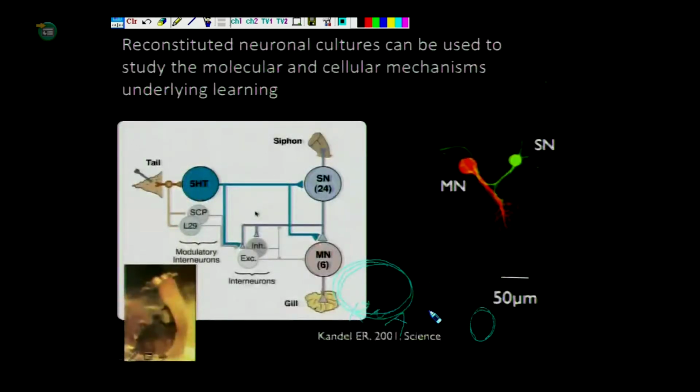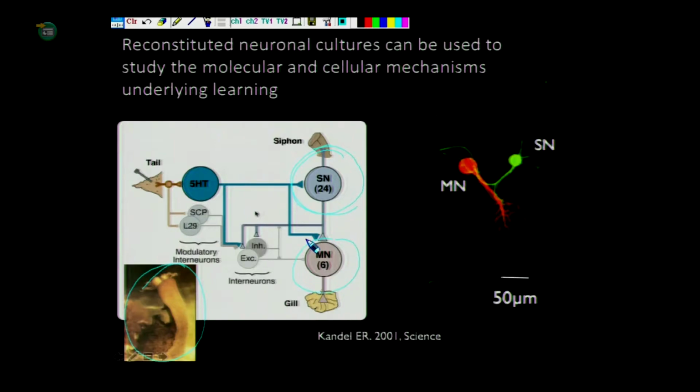Okay, so how do I prove this? How do I look at whether there is synapse-specific protein synthesis during learning? Well, I go to a very simple model system, the sea hare, Aplysia. In Aplysia, in this ganglion right here, they only have 24 sensory neurons and 6 motor neurons.